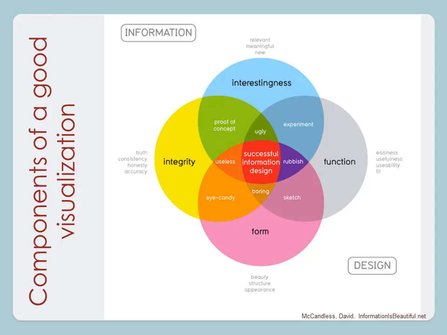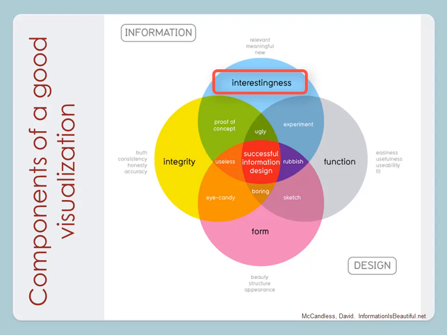And I would like to share this diagram of an author called David McCandless, who is the site administrator of informationisbeautiful.net. He suggests that a good visualization must combine 4 elements. First, the visualization must be interesting, and this is related to the user.